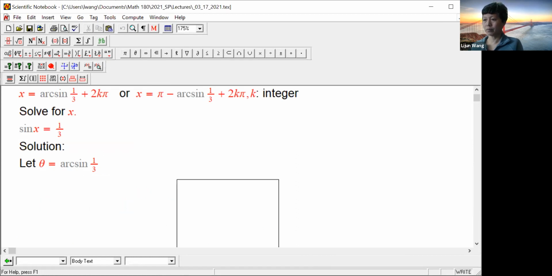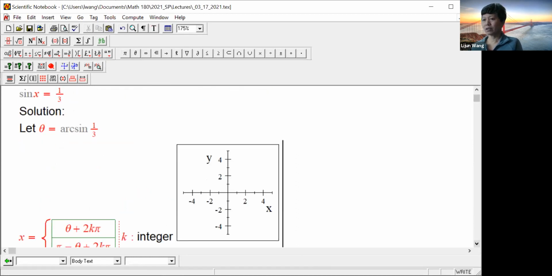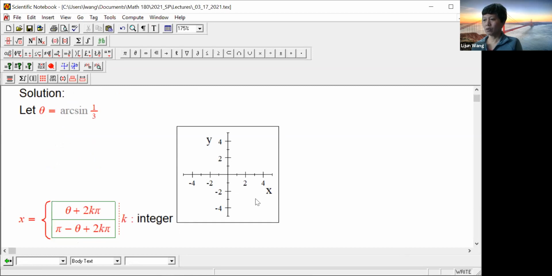If you want to attach a picture in your solution with all the drawings, that's not a problem. Right, this is 1, this is 3, and this is 1, this is 3.